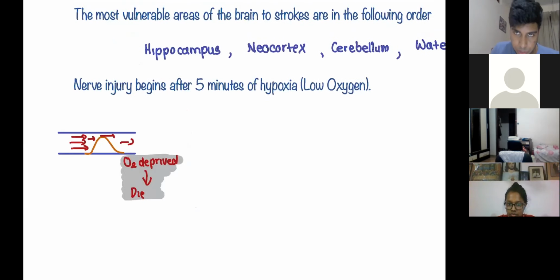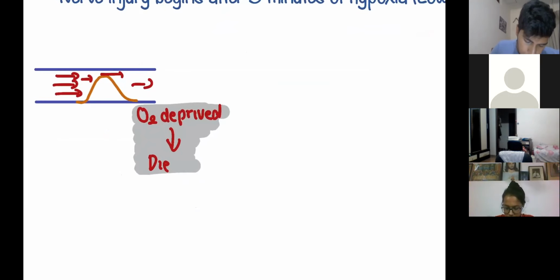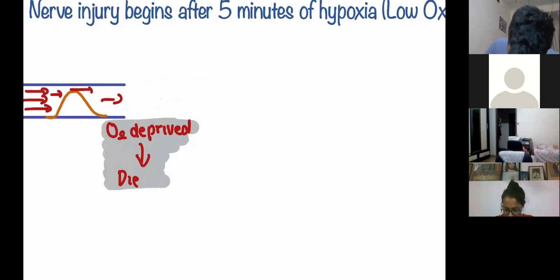The first type of stroke is called ischemic stroke. This could be because of a thrombotic event.